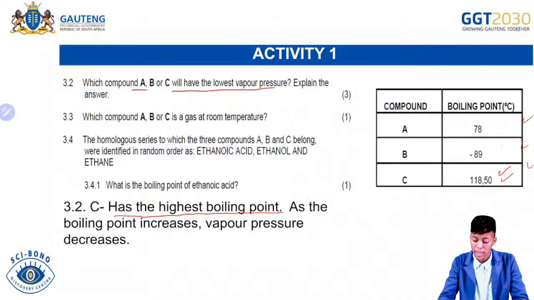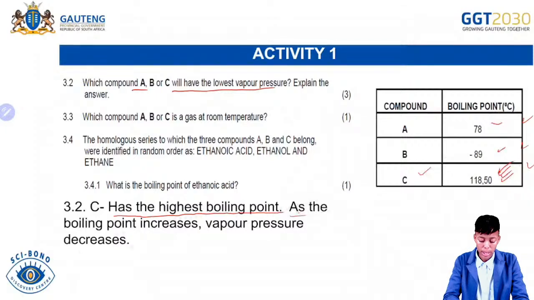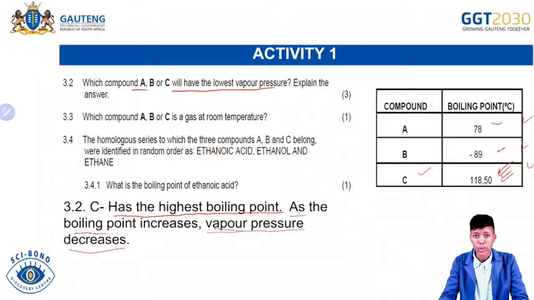So how do we know that? We can see that this one is negative 89. So negative 89 is smaller than 78. So therefore the highest boiling point can only be 118,50, which is C. Then what is it that you know? As the boiling point increases, the vapor pressure will decrease. So as one increases, the other one will decrease.